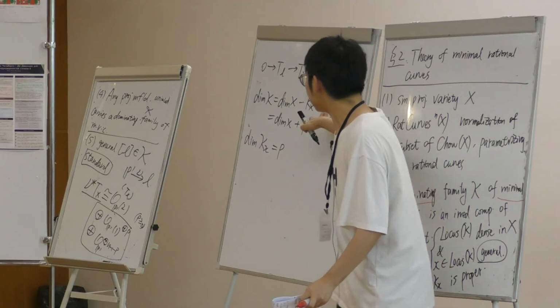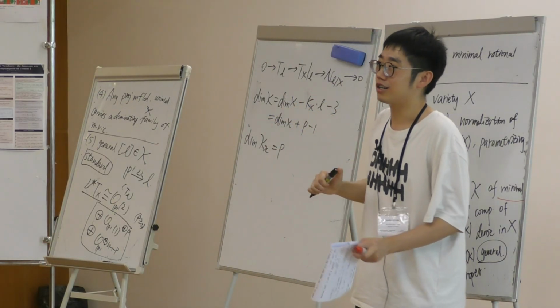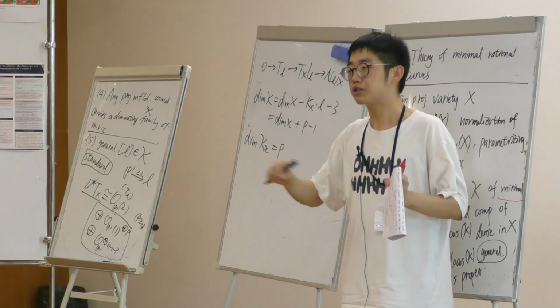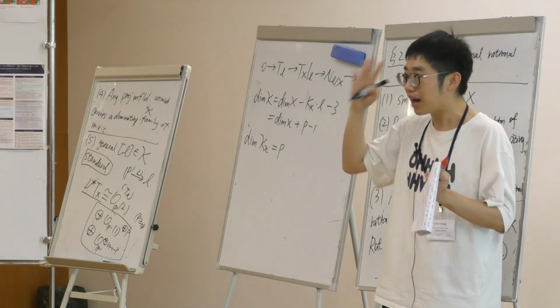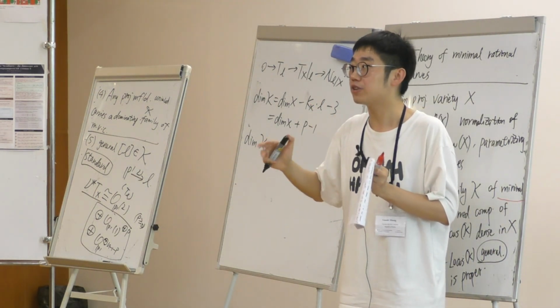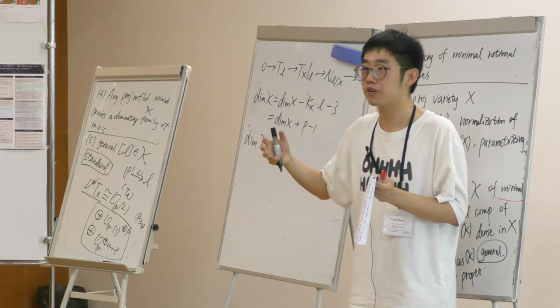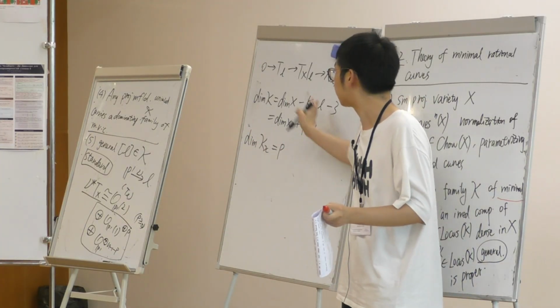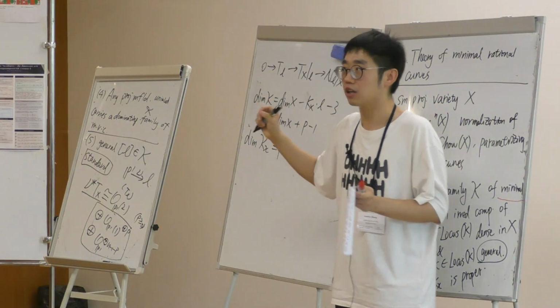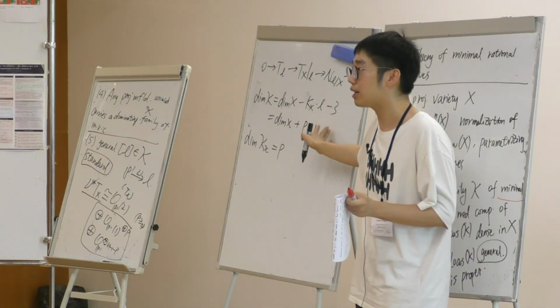This minus 3 means that when we consider the deformation of rational curves, we need to subtract the dimension of the automorphism group, because the automorphism group of a smooth rational curve is 3-dimensional.